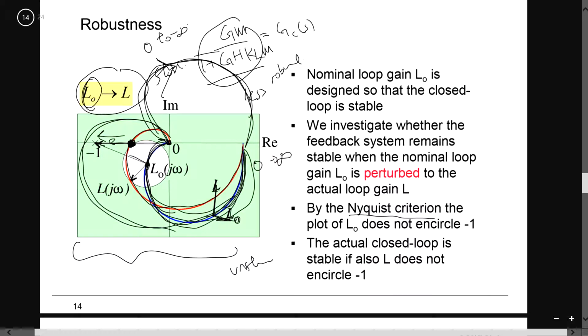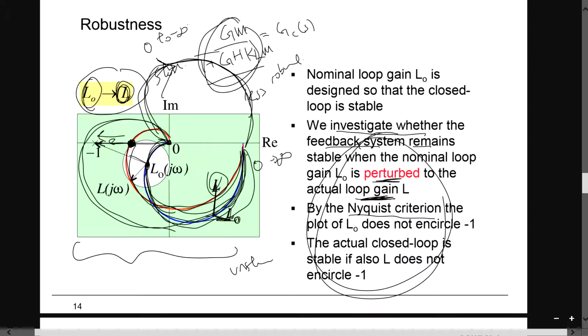And therefore this explanation is saying that we want to investigate whether the feedback system remains stable after you change or perturb the system to the new loop gain L. This L is over here, this red color one. I think it's kind of messy now.